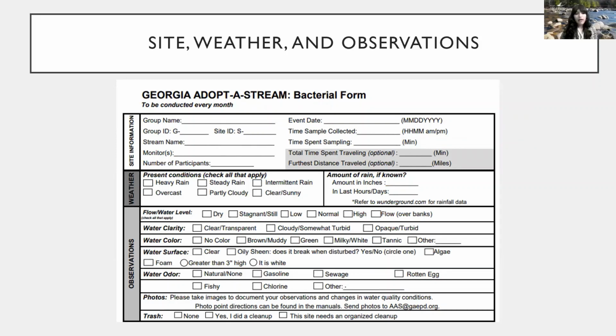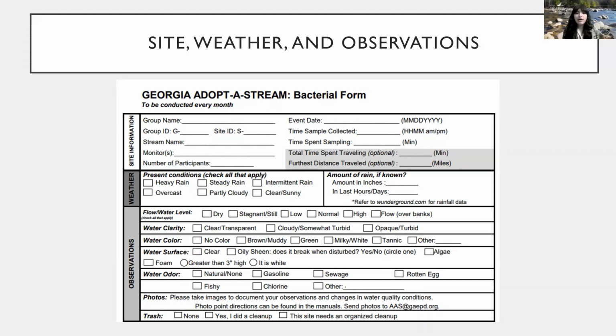So all the paper forms have a very similar format to the online forms, and all of them also have this general site, weather, and observation section. So you'll want to make sure you put down the site information, like who's monitoring with you, the time and the date of your sampling, your group.